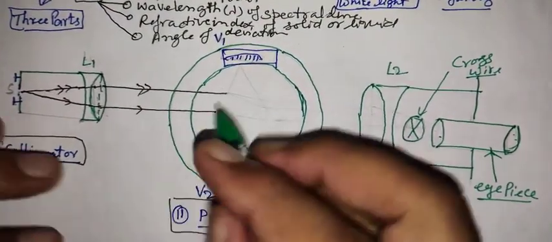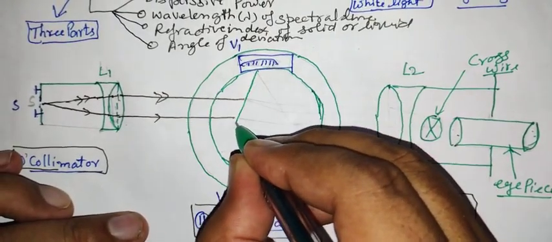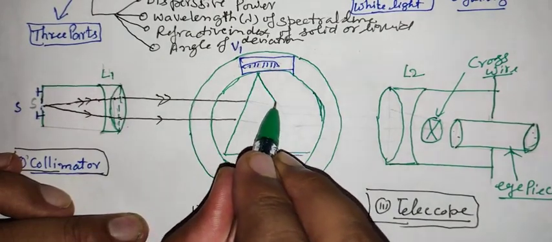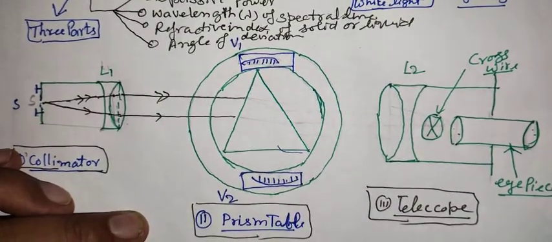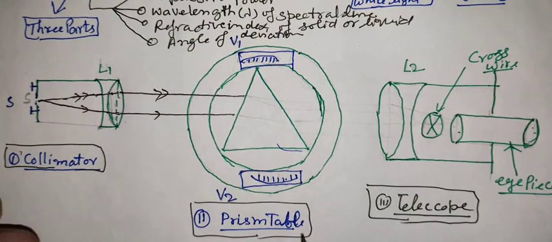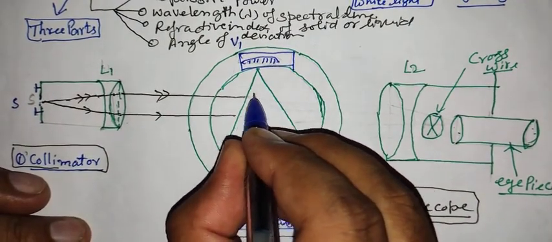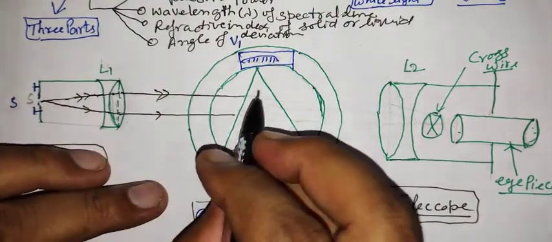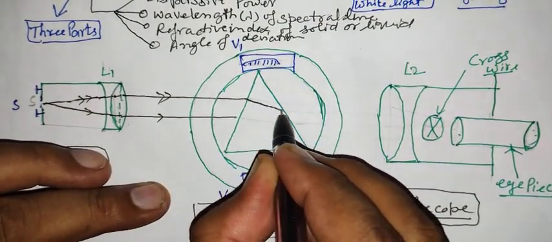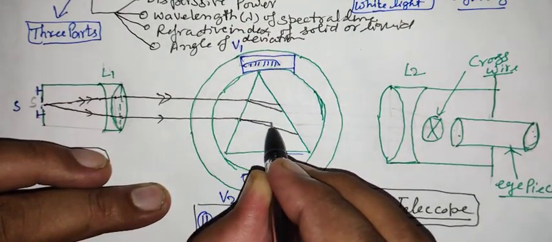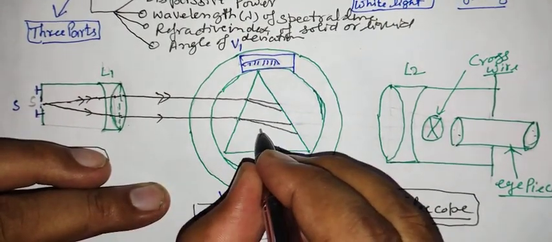Here in this diagram a prism is shown. Suitable stands are here on the prism table to keep the prism in such a way that it should not move here and there. In the diagram the prism is given, and this ray gets refracted through the prism, and the phenomenon of dispersion takes place.